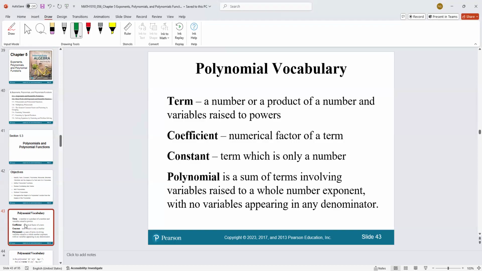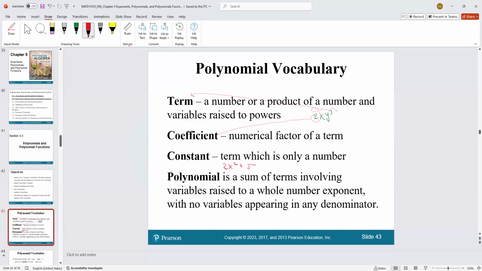So if we have 2xy^3, for example, the 2 in the front is the coefficient, but the whole thing is the term. But constant: if a term contains only a number, it's called a constant term. So if you have 2x squared plus 5, the 5 is a constant term.